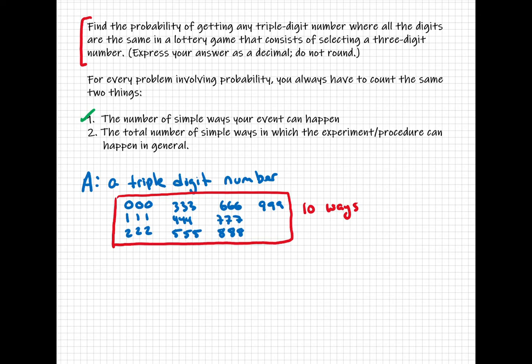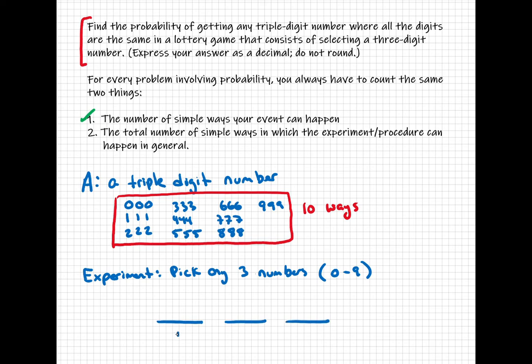So if our experiment is picking 3 numbers, pick any 3, I'll say digits because a digit is a single number, 0 through 9. Okay, it's a 3-step process. Pick the first number, then pick the second number, and pick the third number.